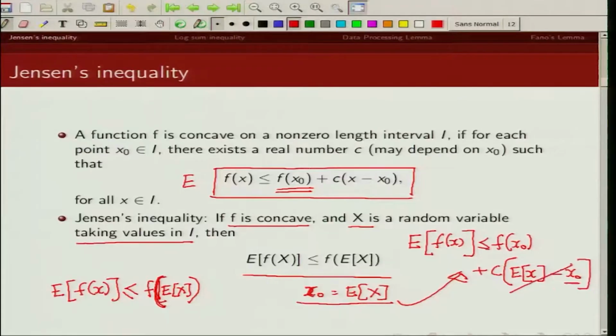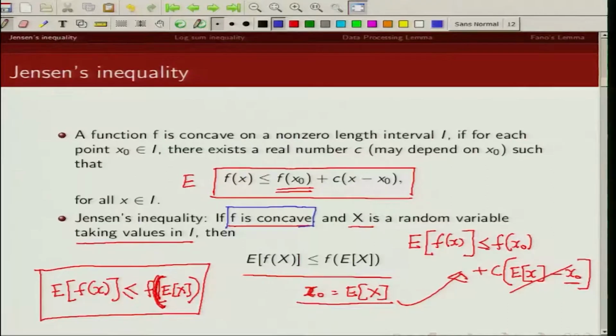So this term will become 0. What I will be left with is this, and this is precisely Jensen's inequality. So if I have a function f which is concave, then this relation holds.